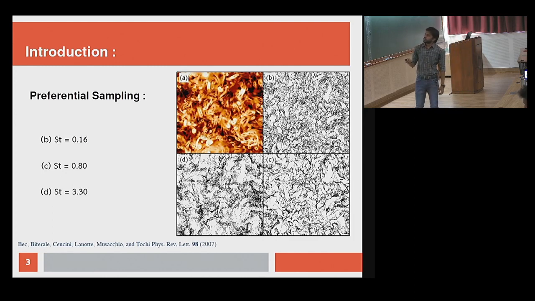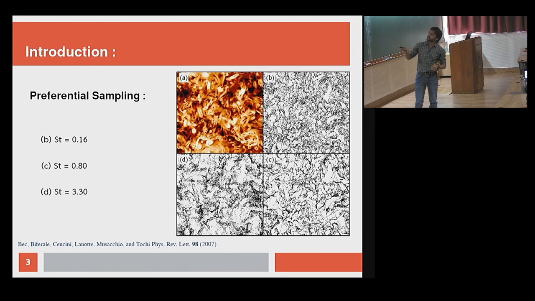Panel B has Stokes number 0.16, then we increase it to 0.8 in panel C, and panel D has Stokes number 3.3. Comparing panel B with C, we have more vacant regions in panel C. This is because once we increase the inertia, the particles are ejected from the vortical regions.